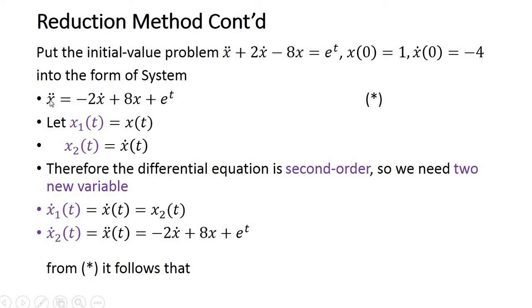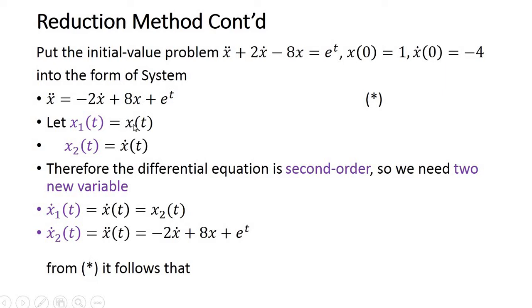So x double prime equals this, and since it's a second derivative, n is 2, so you need 2 variables, x1 and x2.